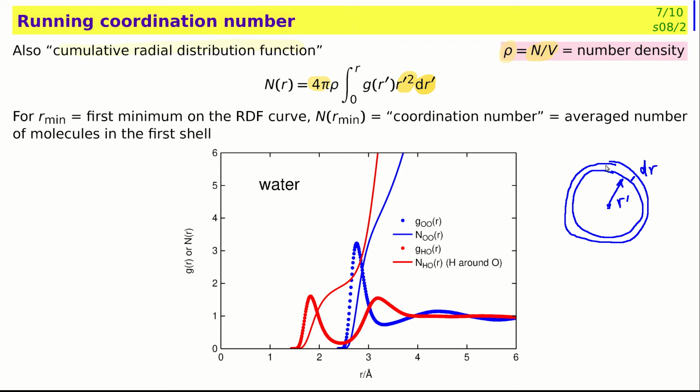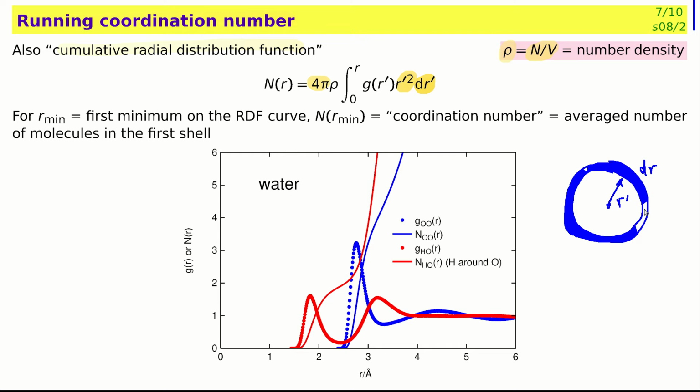Then the volume of this shell equals 4 pi, or 4 pi times r squared is the area of the sphere, and times dr is the volume. That is, the blue volume here is given by 4 pi r squared dr.